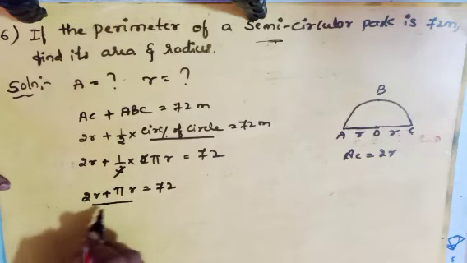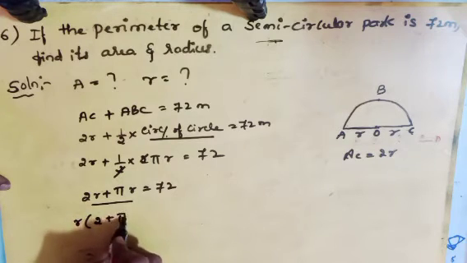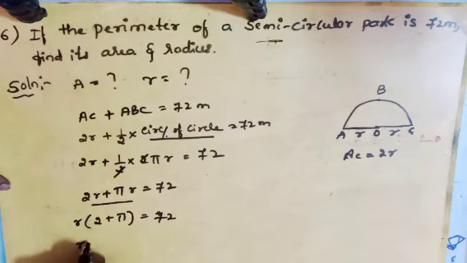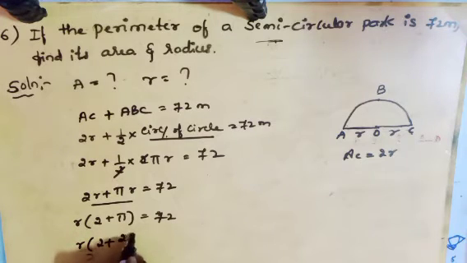R is common, so let us take R outside. What is left is 2 plus pi. So R into (2 plus pi). We know that the value of pi is 22/7, equals 72.